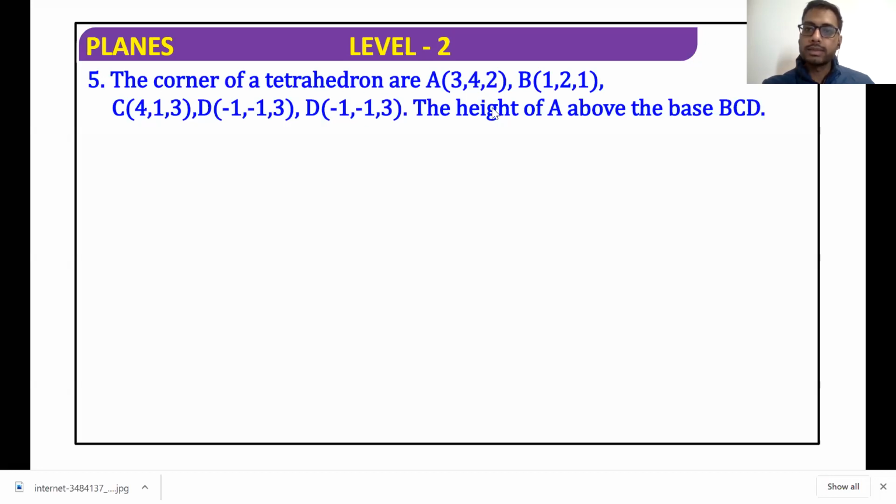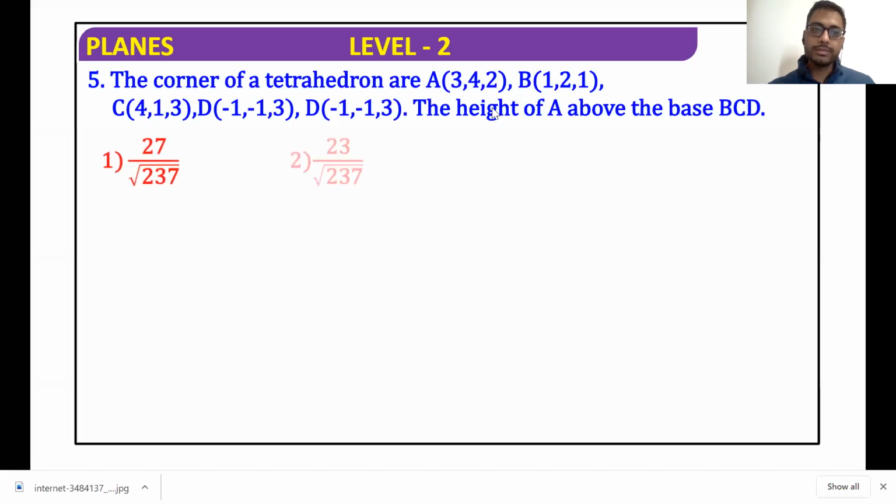Y minus y1, y2 minus y1, y3 minus y2, z minus z1, z2 minus z1, and z3 minus z2. So equate the determinant of this equal to 0 to get your equation of a plane BCD. And once you have equation of plane and you have your point, then you can use your distance formula.